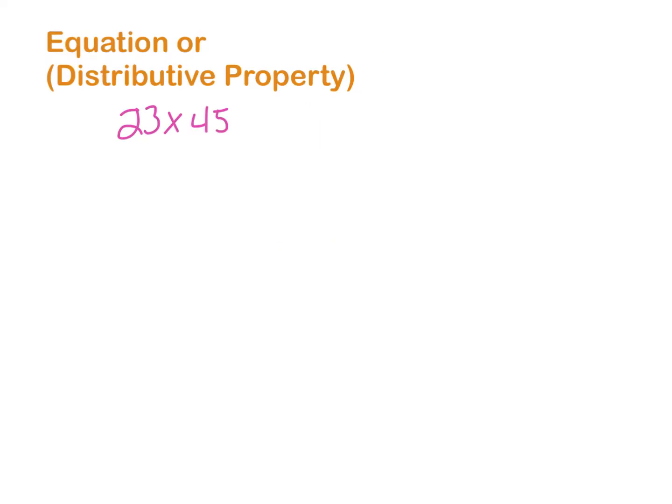And for our last way to solve this problem, we're going to use equation or distributive property. We can break up the numbers in several different ways. I'll just show you 2. Distributive property is when you have those parentheses.